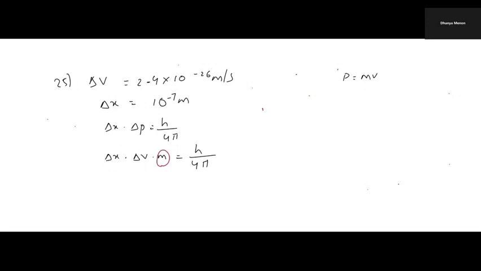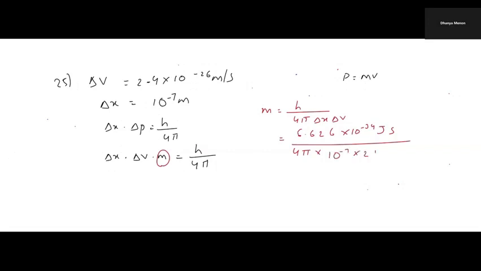M is equal to H by 4 pi delta X delta V. We know the value of X and V. So the value of H is 6.626 times 10 raised to minus 34 joule second, divided by 4 pi times 10 raised to minus 7 meter times 2.4 times 10 raised to minus 26 meter per second.